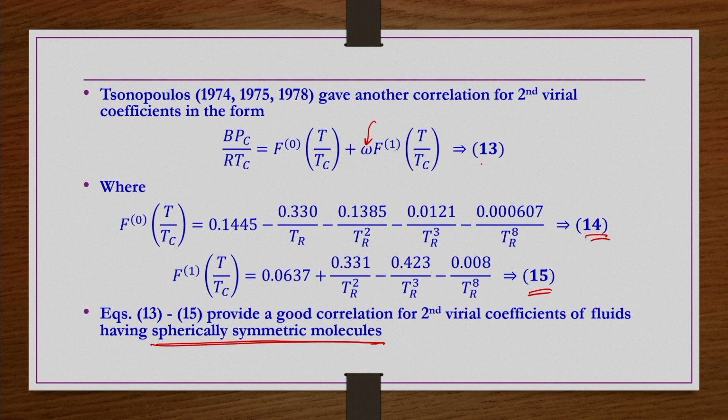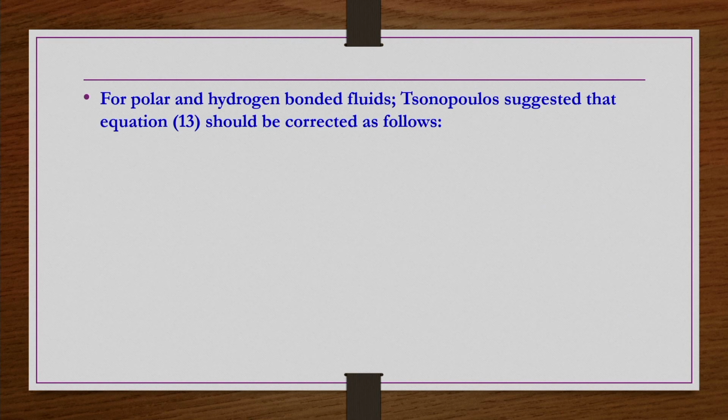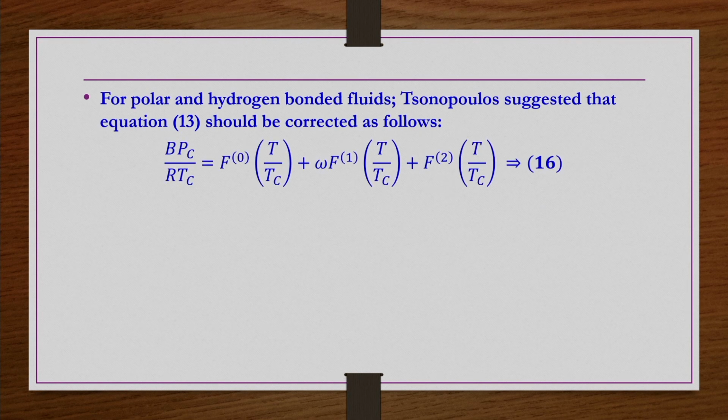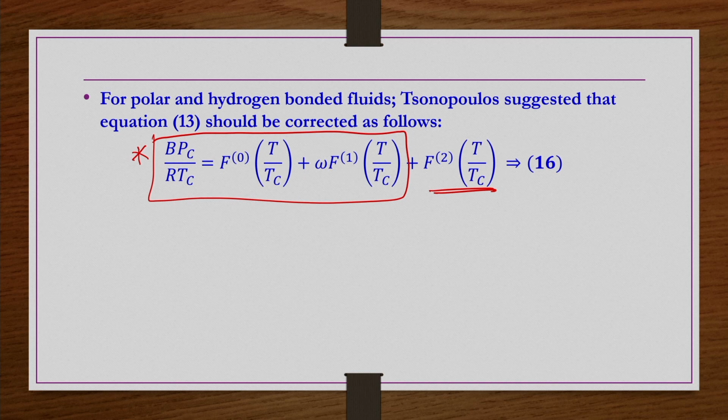To fulfill that requirement, Tsonopoulos modified the correlation given by equation 13 by adding an additional term, f2 as a function of T by Tc. If you use only up to the previous part, this is good for spherically symmetric molecules, but if you want to apply it to polar and non-spherical molecules, then you have to add an additional function as an adjustment so that experimental validity is good.